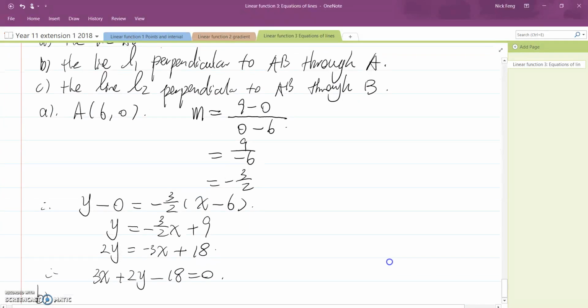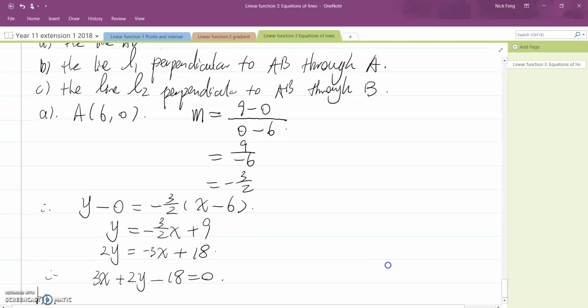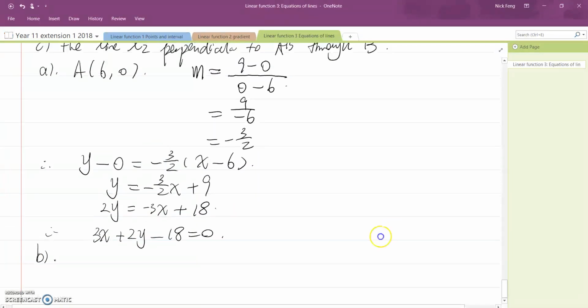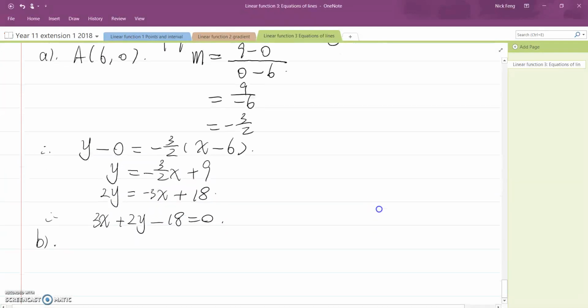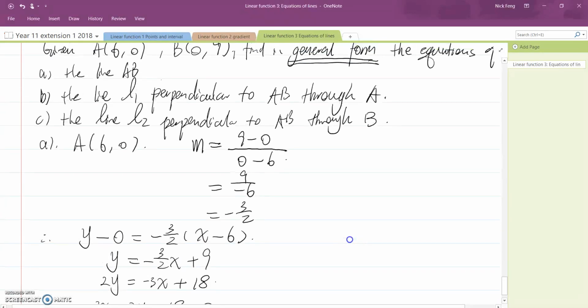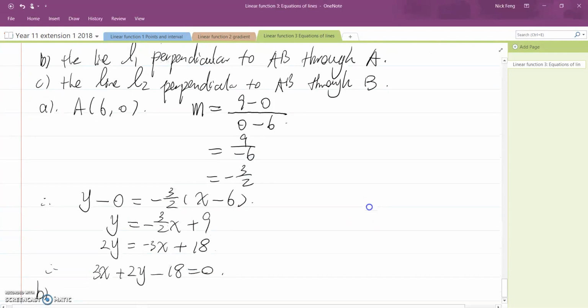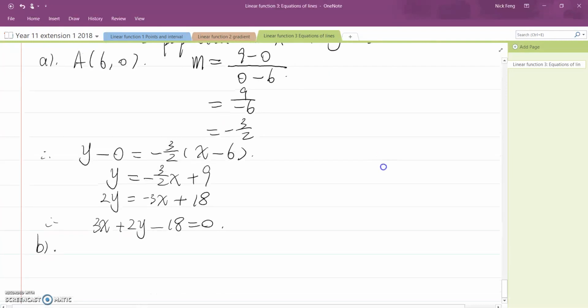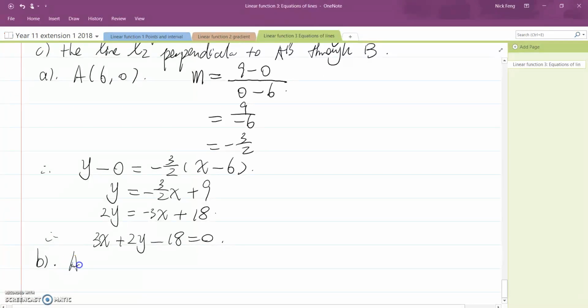Part B. The line L1 that is perpendicular to AB through A. We want to find the equation of the line that passes through A but is perpendicular to AB. So we use point A. Remember, we're looking for the equation of a line, so we use the point-gradient formula.